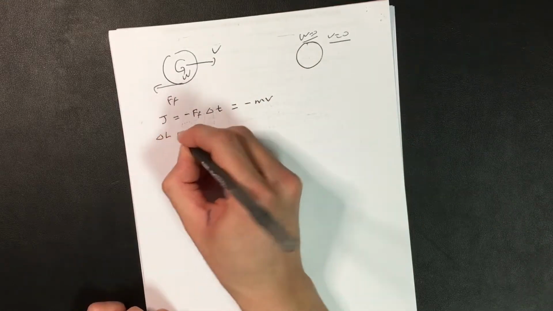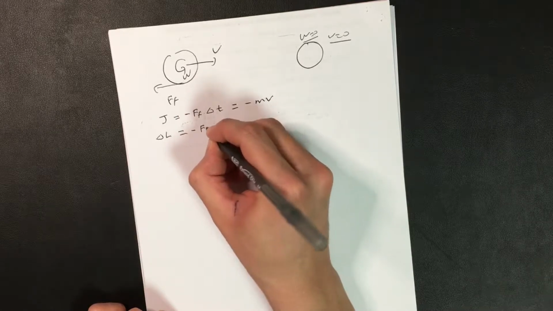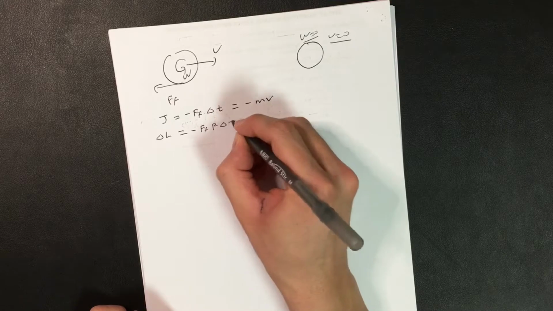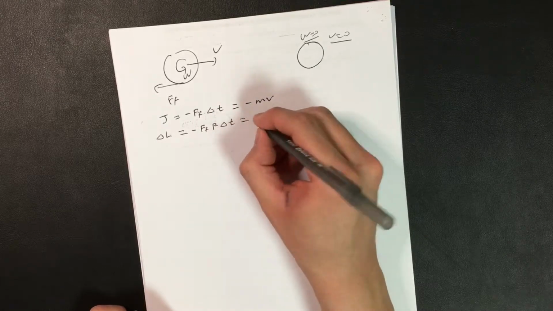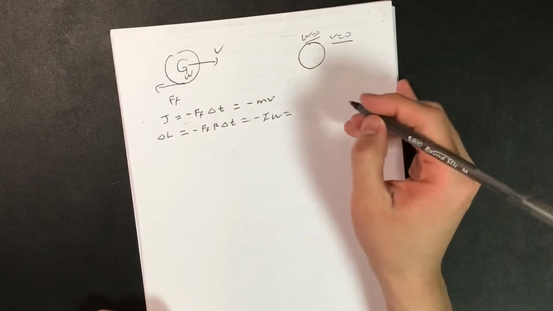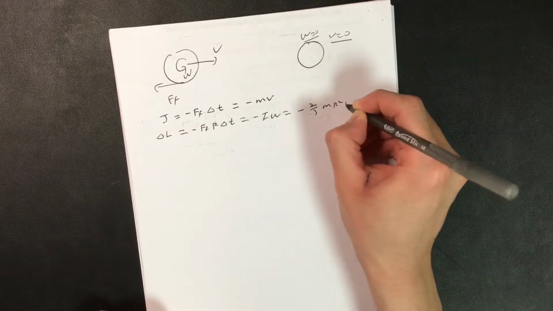And the change in angular momentum would be negative torque, in which in this case equals force of friction times r times delta t, which equals negative I omega. And since a ping pong ball is a hollow sphere, the inertia I equals 2/3 m r squared.